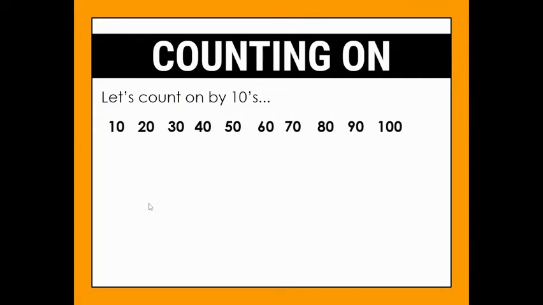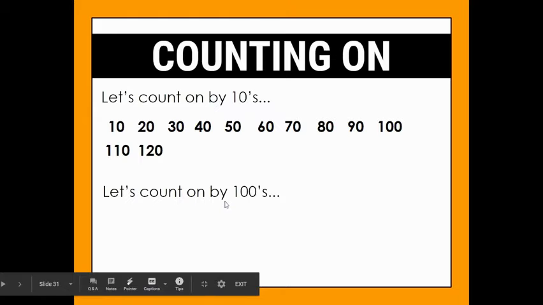Let's keep going. 110, 120. Do you see how we just take like this first one and we add on a 1 in the hundreds place? So if you would keep going, you could do 130, 140, and so on.